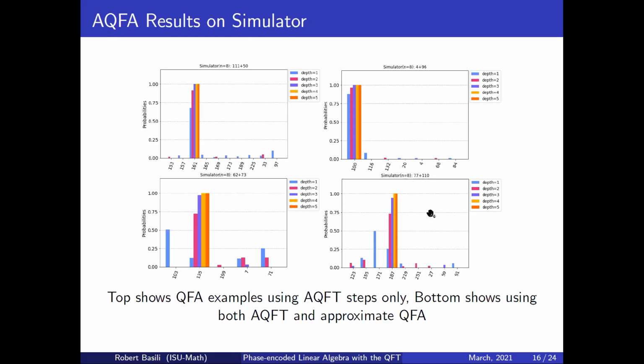Okay. So what is on the x-axis in these figures? These are simply bins. So if I do 111 plus 50, I would hope that my quantum computer has the answer be 161, and indeed it usually does, though occasionally it screws up a bit flip or something, and it gives me a different number.